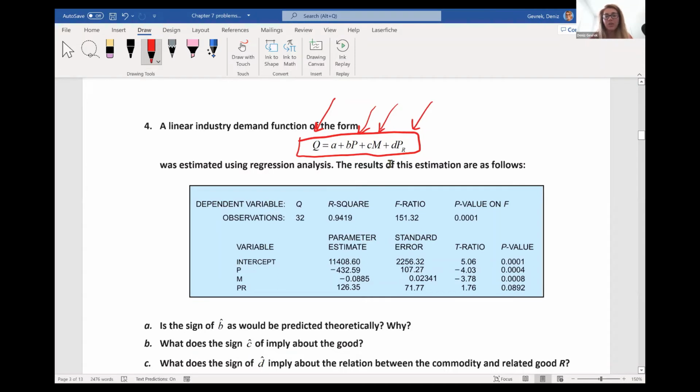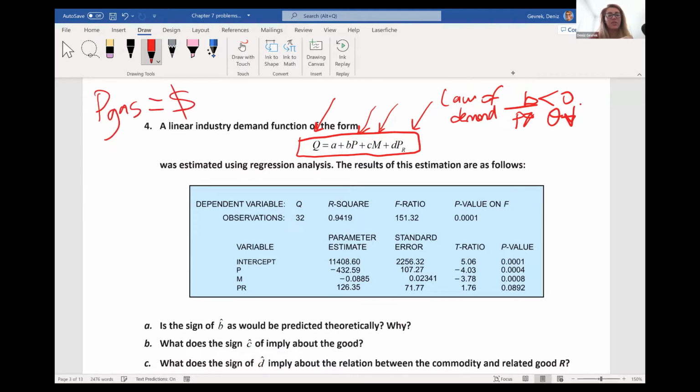So according to the law of demand, B needs to be negative. Why? Own price goes up, quantity demanded goes down. Let me give you an example: the price of gas. In Corpus Christi it's very cheap, but it's 4.10 right now, maybe higher.